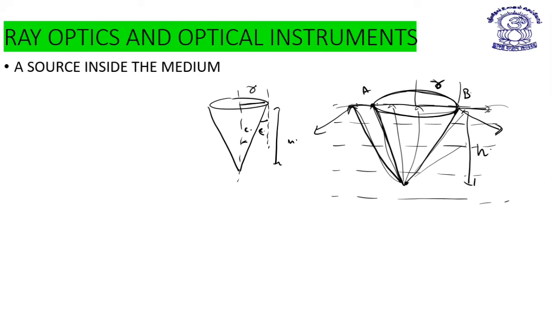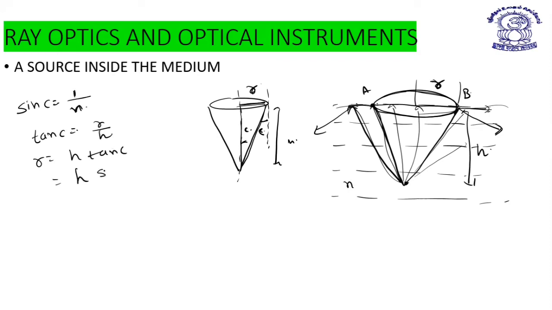We want to find the radius r. We can write sin C as refractive index of air, that is 1, divided by refractive index of water, let's say that is n. Now, in this right angle triangle, we can apply trigonometry, that is tan C is equal to r upon h. So r is equal to h tan C.